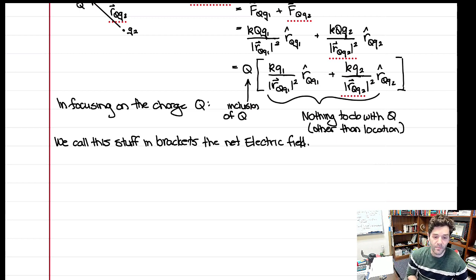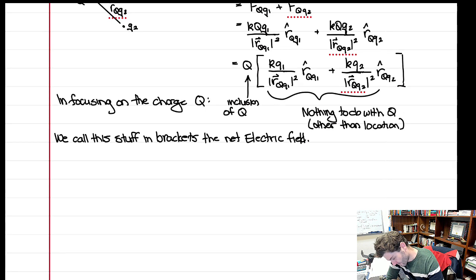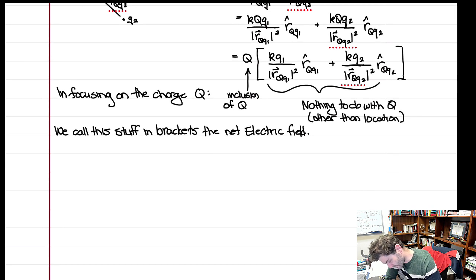If you look at that thing in brackets, it is a vector. There are two terms, each of them has a vector associated with it. So the electric field is a vector.